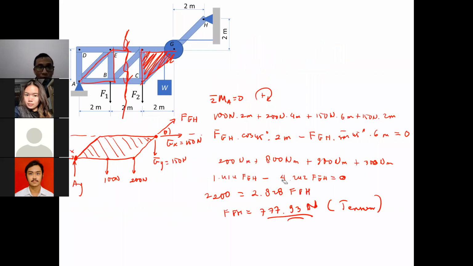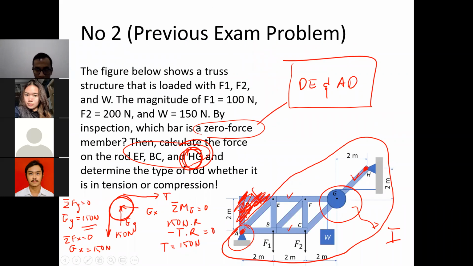The thing you have to remember, guys, is that when we have a problem, try to analyze the zero force members first. Is there any zero force member? If yes, simplify the problem. Then take a look at the problem. Is there any pulley or not?